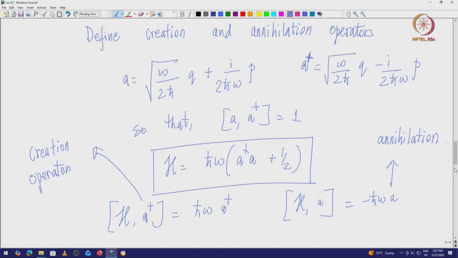The creation operator acts on a state and creates a state one step higher, increasing the energy by h cross omega. If it acts on n, it takes it to the n plus 1 state. This can be seen clearly from the commutation relations with the Hamiltonian. The annihilation operator reduces the energy of the states by h cross omega, and that is how you can get the entire spectrum of the harmonic oscillator.